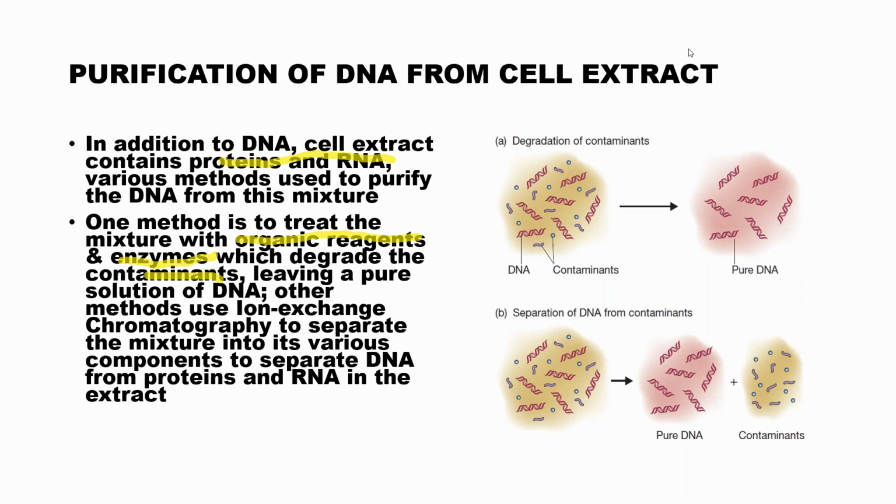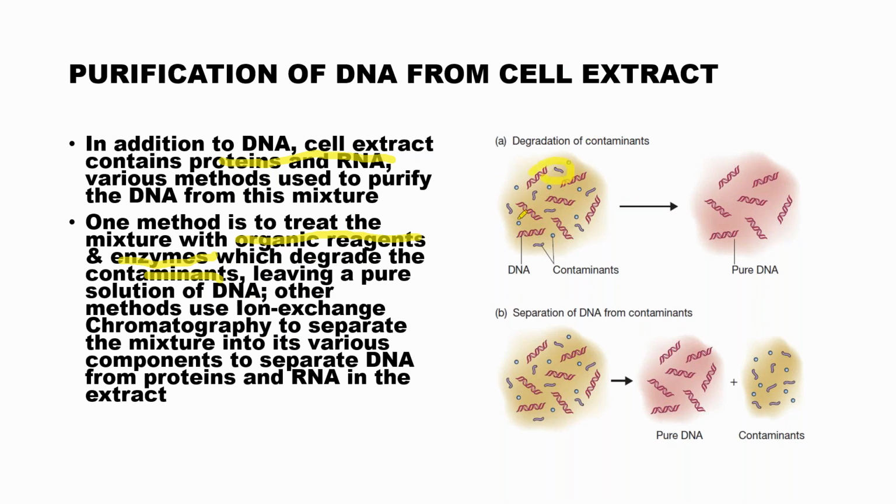Two methods are there in order to purify DNA from a cellular mixture containing DNA, proteins, and RNA, everything. First method is by treating it with organic reagents and enzymes, which degrade the contaminant. So here, what is the contaminant? The contaminant is nothing but the RNA and the proteins, leaving a pure solution of DNA. You can see in the picture, you have DNA, you have RNA, you have proteins.